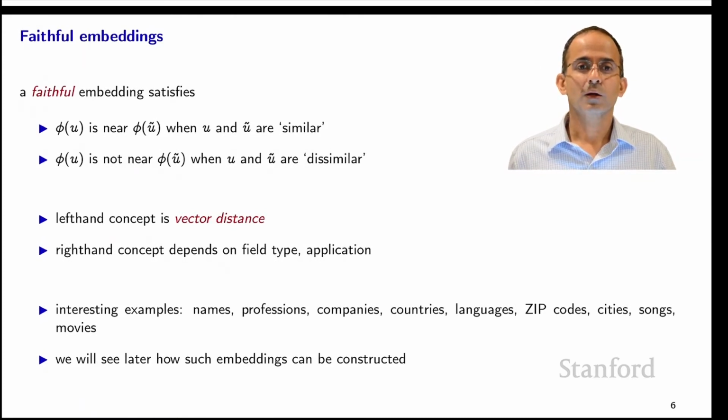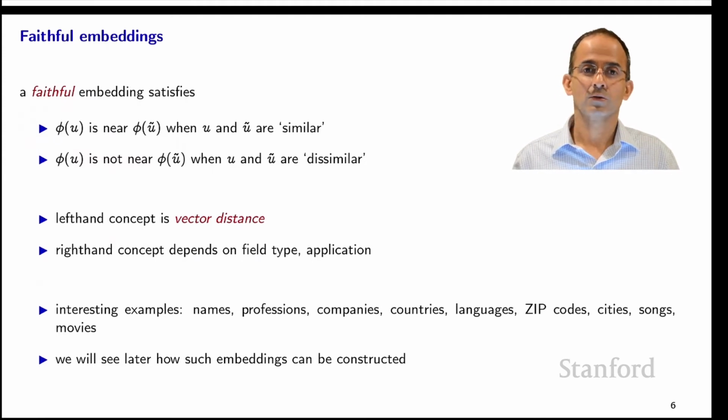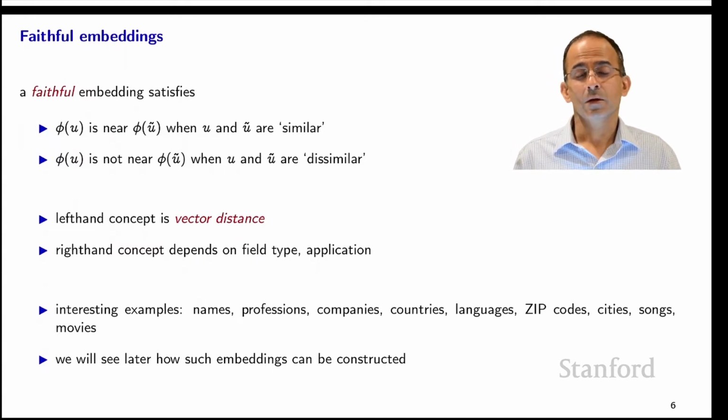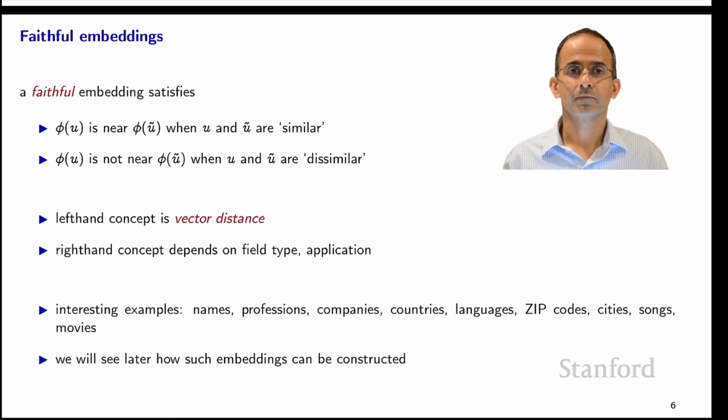One of the things we want out of an embedding is that it should be faithful. And what that means is that it should somehow preserve similarity. So if u and u tilde are 2 different records, but somehow they're similar, they correspond to 2 similar houses, then when we embed them, we get a phi of u and we get a phi of u tilde, and those 2 vectors should be close to each other in the vector space.